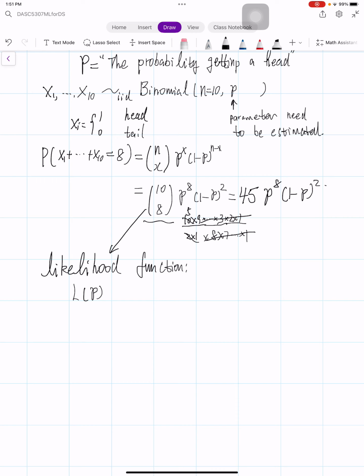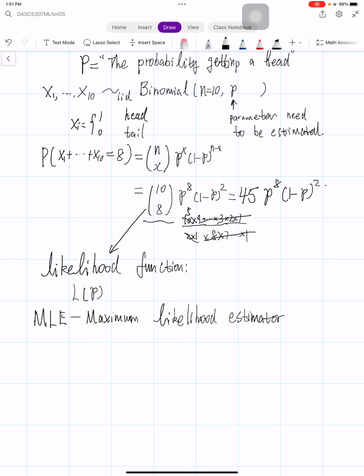And MLE denotes the maximum likelihood estimator.